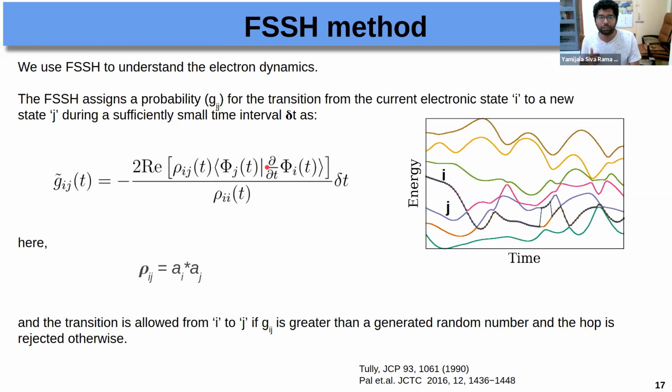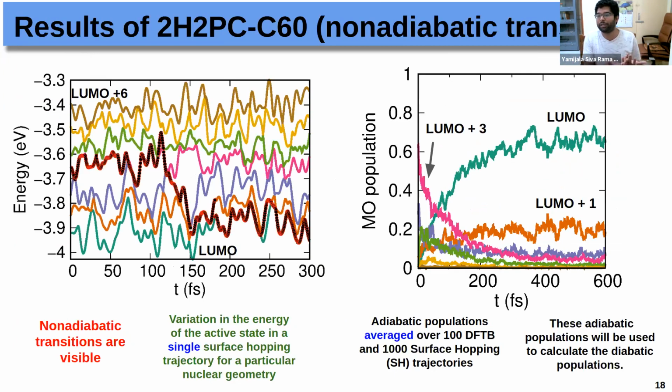So going on to the results. Using this FSSH methodology and the DFTB Hamiltonian, we have calculated the non-adiabatic transitions. On the left side of the figure, I have shown how the adiabatic energy states change with time. As you can see, there are several places where these adiabatic energies come very close to each other.